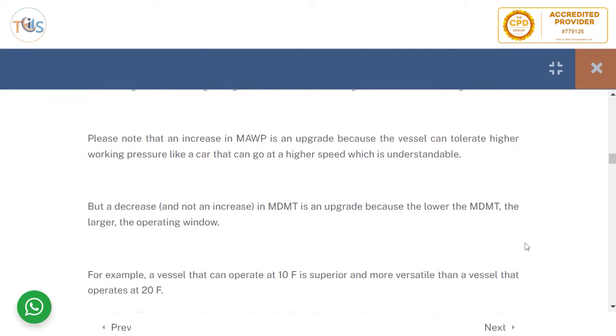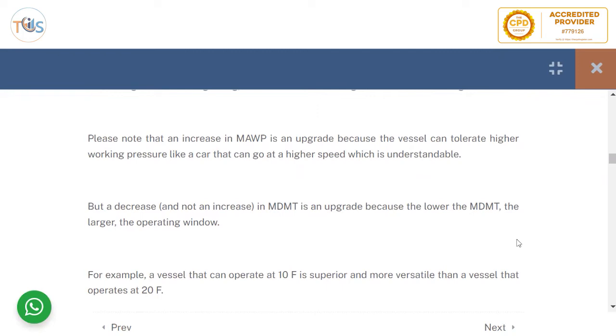But the temperature works the other way around. A decrease, not an increase, in minimum design metal temperature is actually an upgrade, unlike maximum allowable working pressure. For example, a vessel that works at 10 degrees Fahrenheit is superior to a vessel working at 20 degrees Fahrenheit, because it can cover a longer range. It can even work in colder conditions, because the metal turns brittle as the temperature goes down.